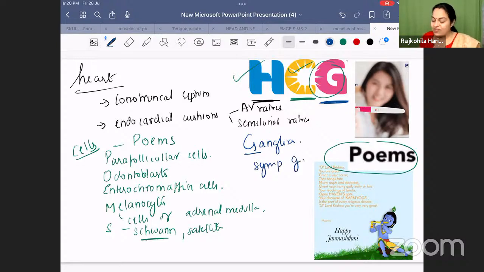Sympathetic ganglia, parasympathetic ganglia, which you see in the wall of the viscera. Anything else? The cranial nerve ganglia. One more, the dorsal root ganglia. So whatever ganglia, it's all going to come from the neural crests. So it's a very easy, interesting pictorial mnemonic to remember the derivatives of neural crests. Okay, done.